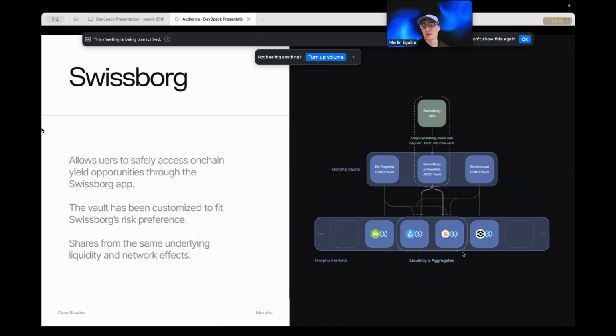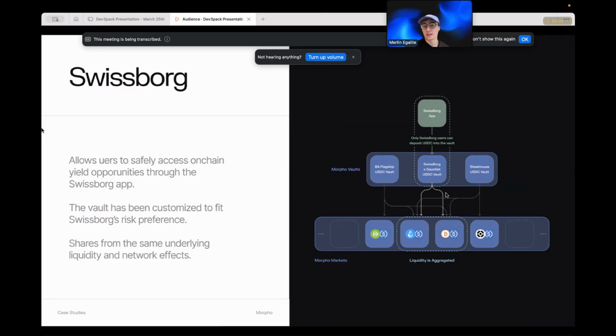And before that, there were borrowers borrowing the entirety of the liquidity. Because now the Stakehouse USDC Vault is deploying capital into that market as well, that means there's available liquidity, either to borrow for the borrower or to withdraw if you're a lender. But that means that Swissborg users now can also withdraw.